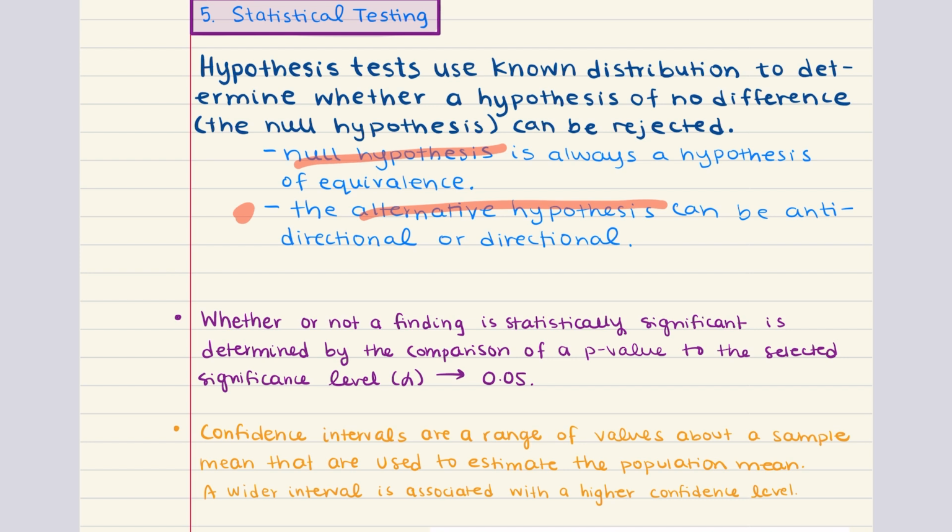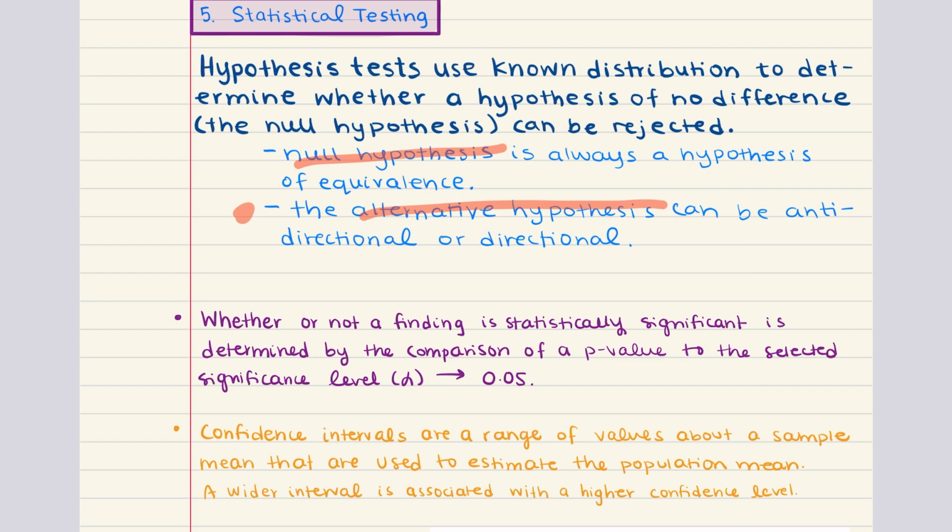This can be directional, where we predict the direction of the effect, so we can say, hey, the drug lowers blood pressure, or it can be non-directional, where we simply predict that there is a difference without specifying its direction. The goal of statistical testing is to decide whether to reject the null hypothesis in favor of the alternative hypothesis.